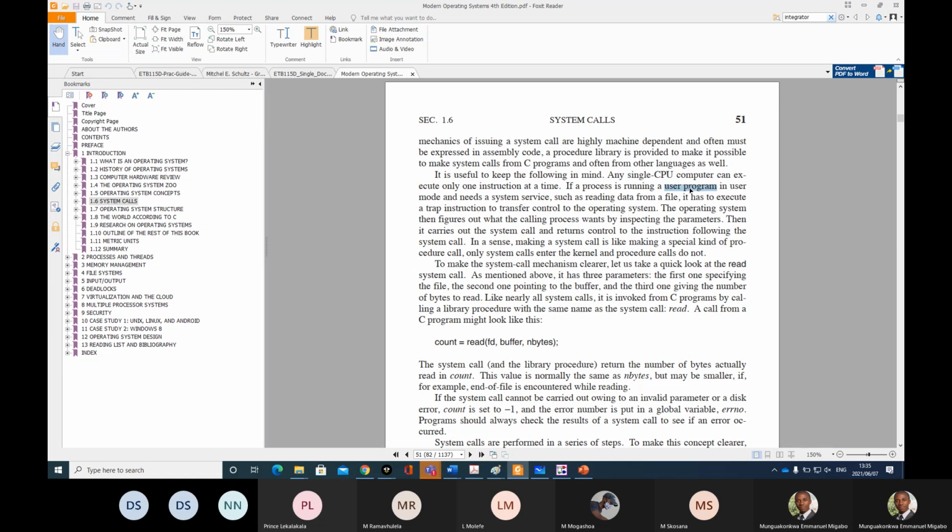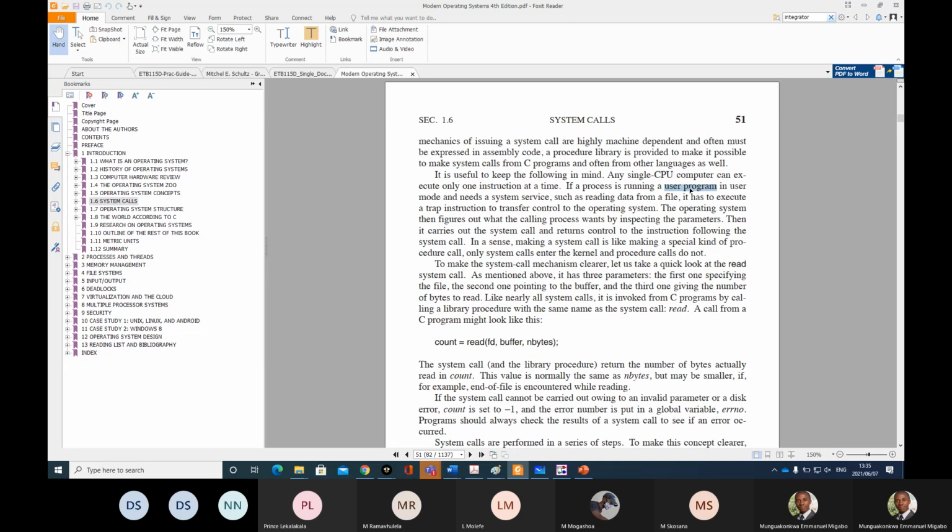Very important. The operating system then carries out the system call and returns control to the instruction following the system call. So it also comes up with a return, which in the case of printing would be successful, or maybe there's an error or something like that.